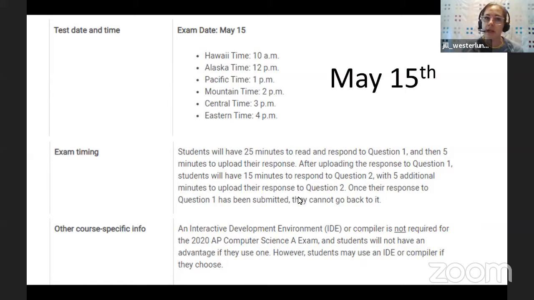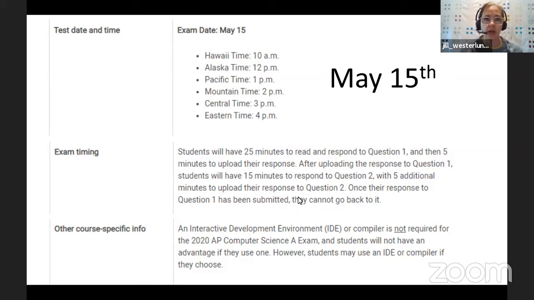If you are in India, I know we have Uma from India and Ricardo from El Salvador. I think El Salvador is probably Central Time, but I don't know. But I know what India is. You'll have to figure out what that time is, because everybody's going to be taking their CSA exam at the same exact time and uploading it. Then there's a box about the timing, which is a little bit of what I just said. And then other course information.